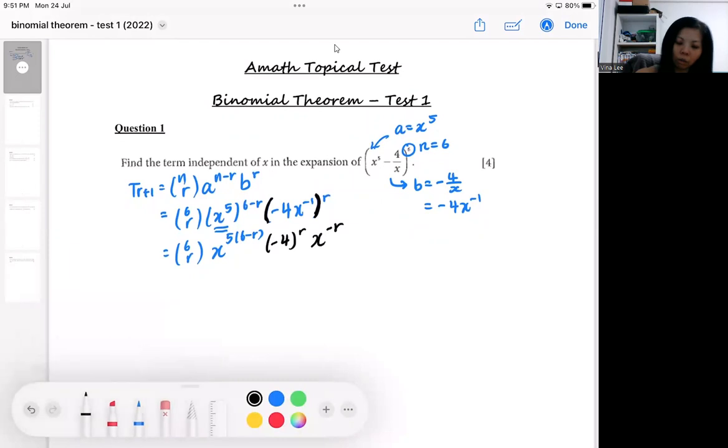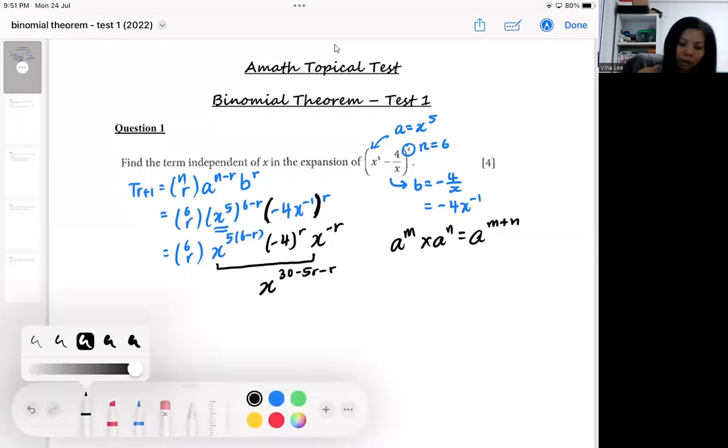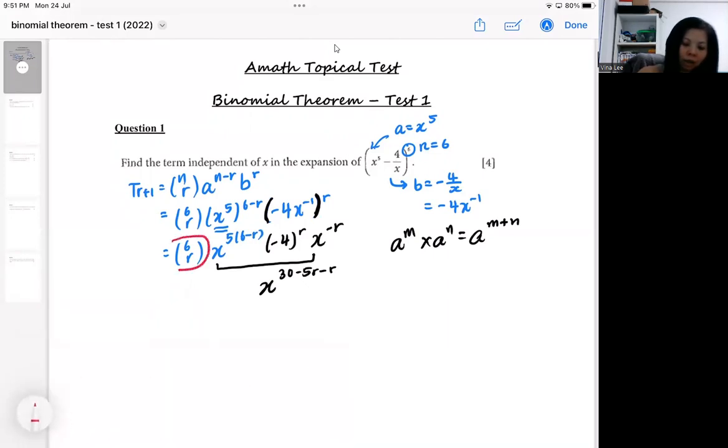So at this moment, you can see that these are the only two components with x. So you apply the same base multiplication. So in indices, we will add the power. So that's exactly what I'm doing here. I'm going to add the power. And the items that don't have x are grouped together.